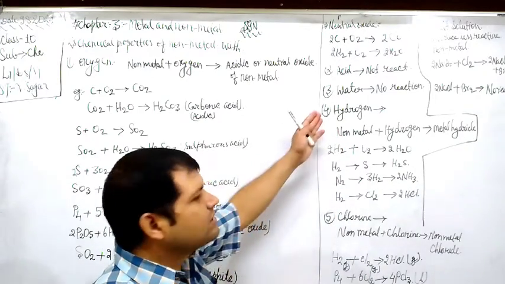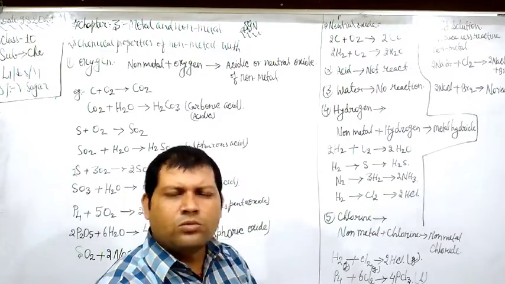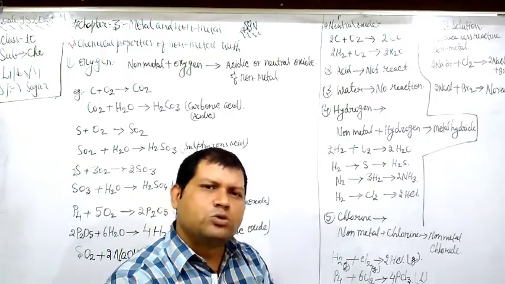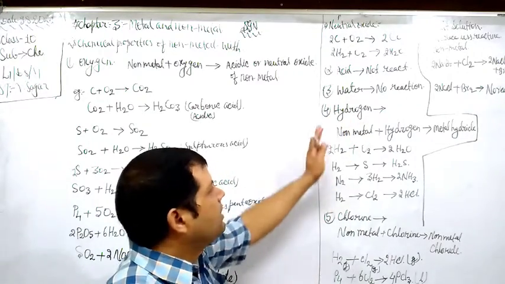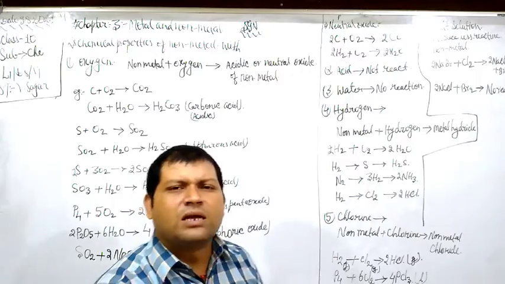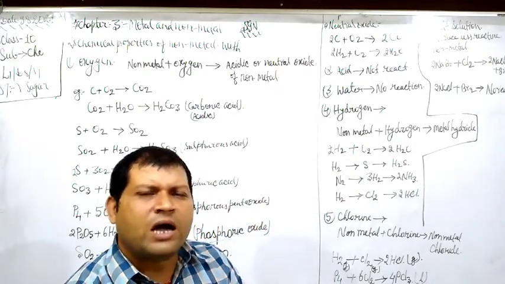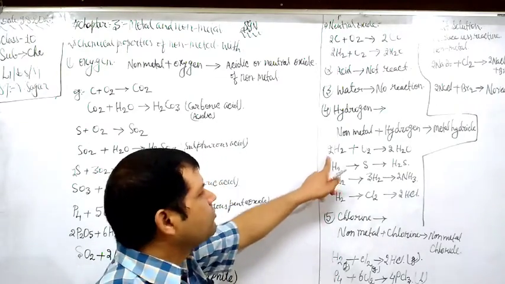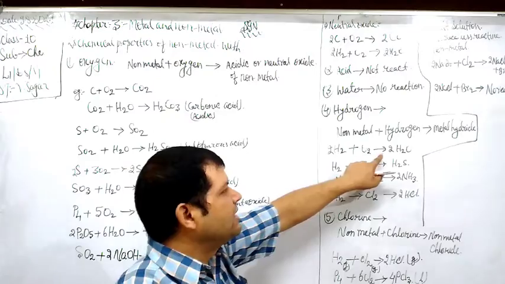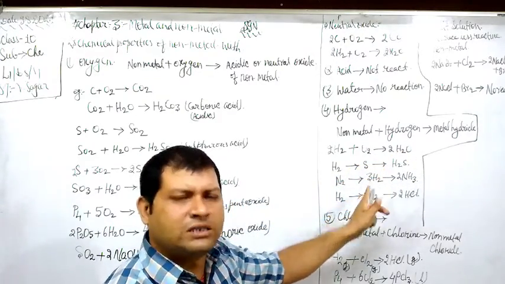That's why we can say that there is no reaction between nonmetals and acids. Now, how does the reaction take place with water? With water also nonmetals don't react. So with water there is no reaction. And when nonmetals react with hydrogen, then the formation of a hydride of the nonmetal takes place. As for example, when hydrogen reacts with oxygen, then the hydride of oxygen forms, which is H2O.